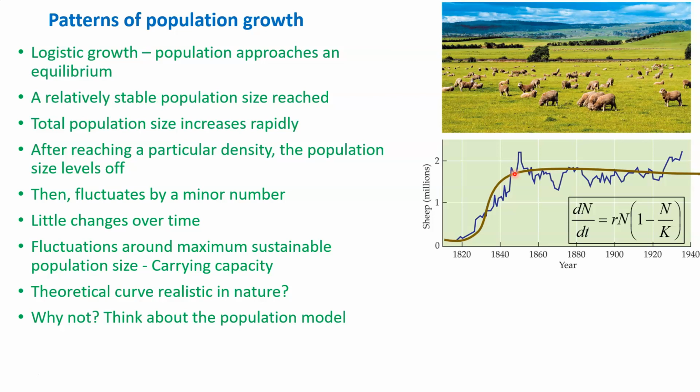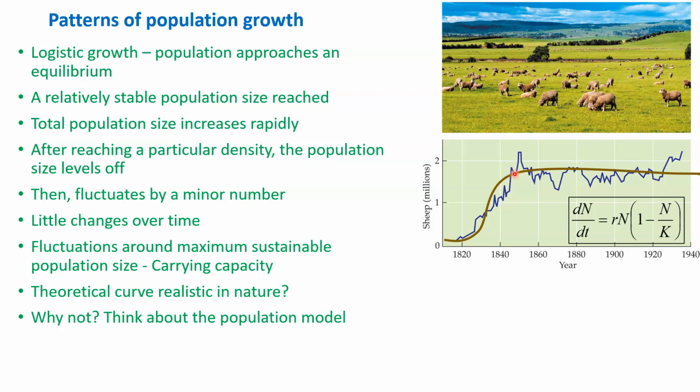If you're looking at that particular sheep population from 1820 to 1940, that's over 100 years, right? Environmental conditions do not remain the same. So the environmental parameters also control the population sizes.